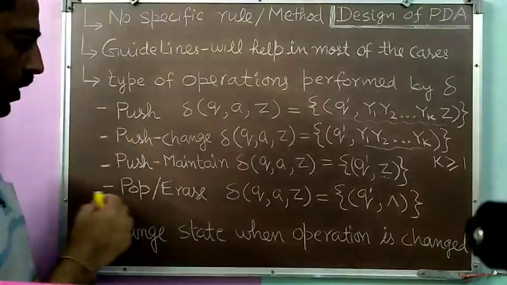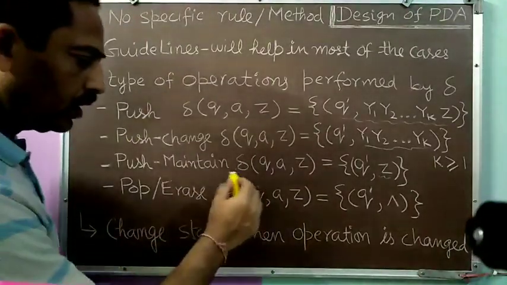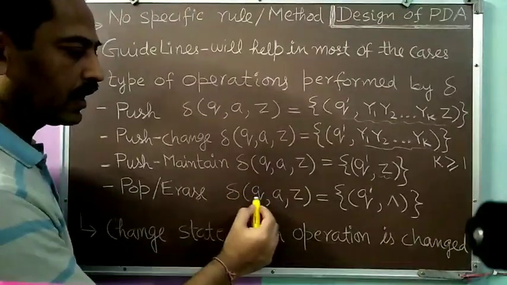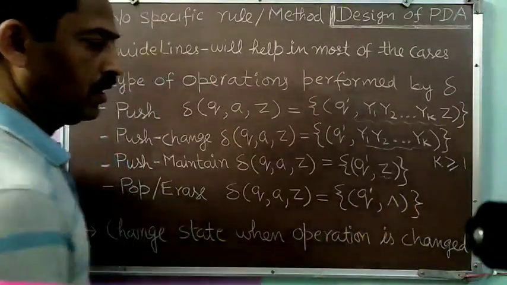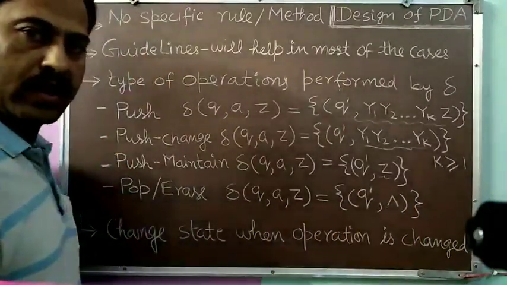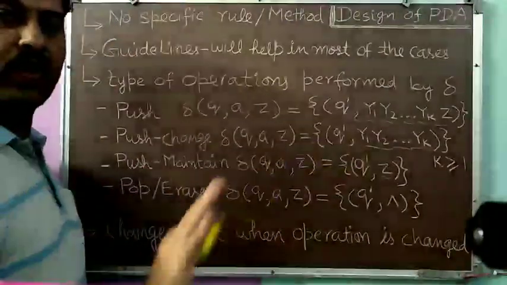Now the last operation is the pop operation, or we call it the erase operation. It has the form δ(q, a, z) = (q', null). When we write null over the PDS, it simply means that we are not writing anything over the PDS.